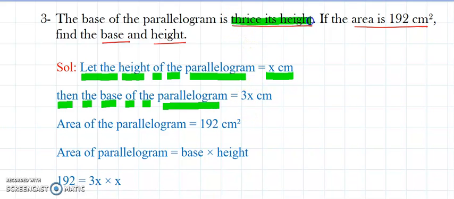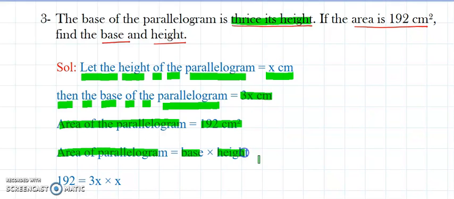So it becomes 3x centimeter, because the height we have taken is x, and thrice the height becomes the base, that is 3x centimeter. They have also given the area of the parallelogram, that is 192 centimeter square. Again we are going to apply the area formula, base multiplied by height.